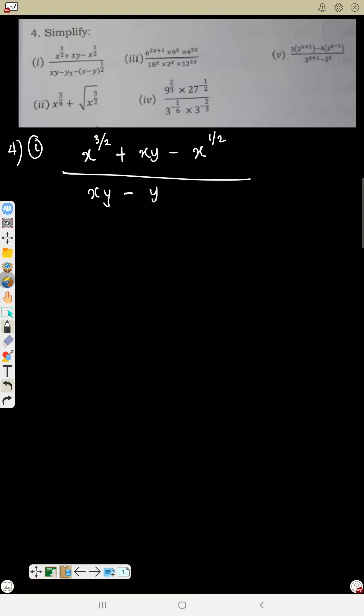Now in the question I have this, which I don't think can be y subscript 3, so I think it should be y raised to power 3.